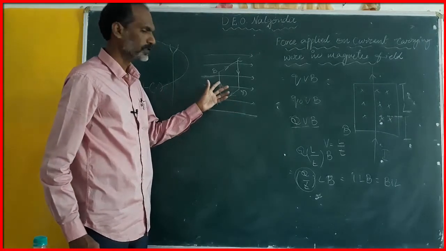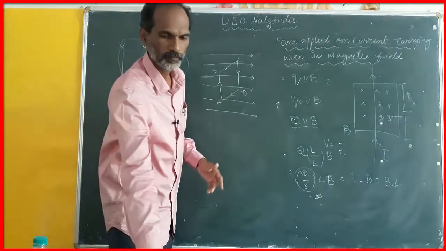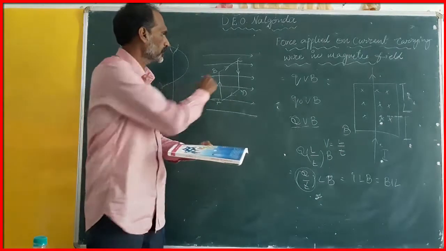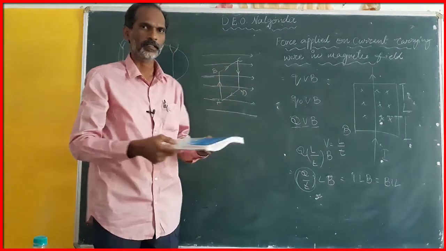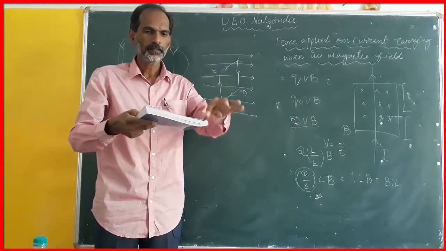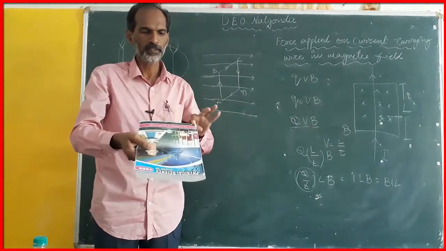For example, let us consider a rectangular shaped current carrying conductor with sides AB, BC, CD, and DA.